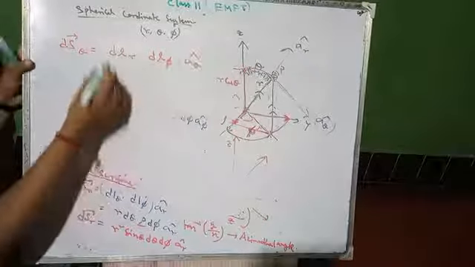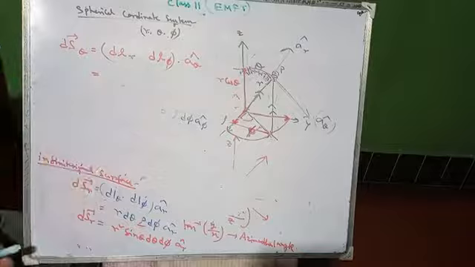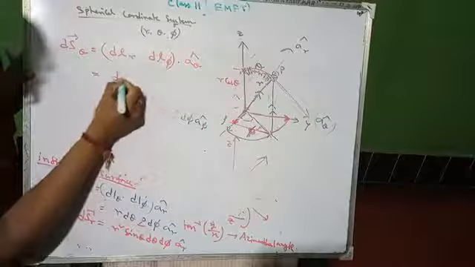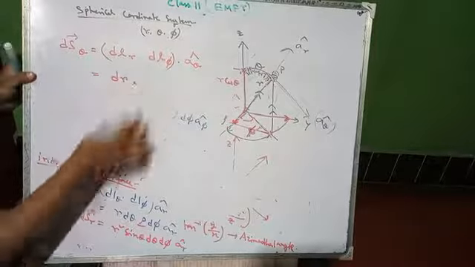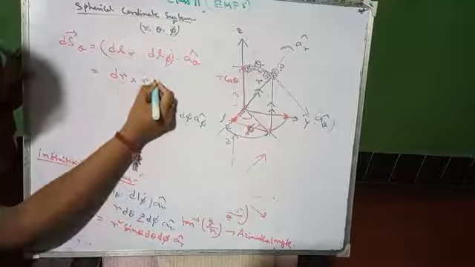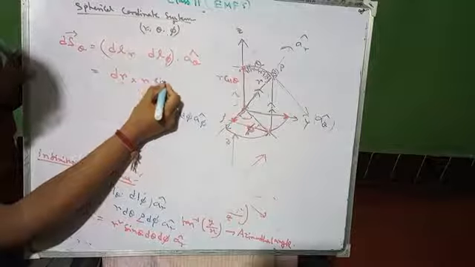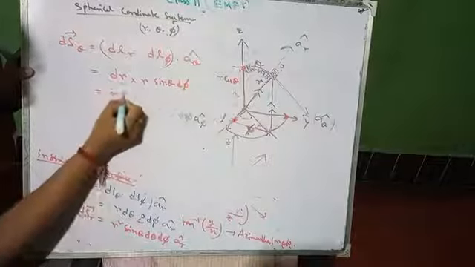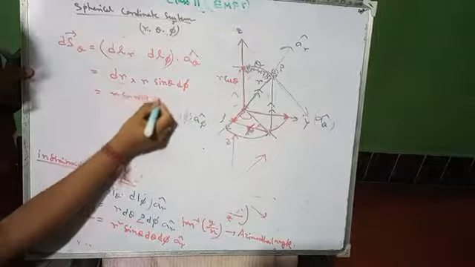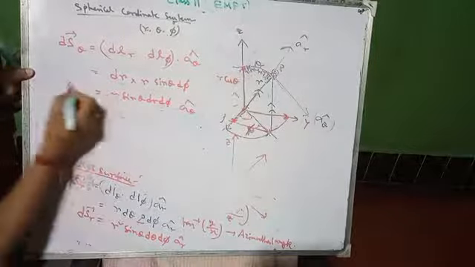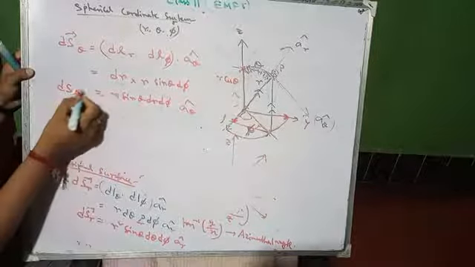So what will be the multiplication? dl_r into dl phi. dl_r means nothing but your dr, and dl phi means nothing but r sin theta d phi. Okay, so r sin theta dr d phi.